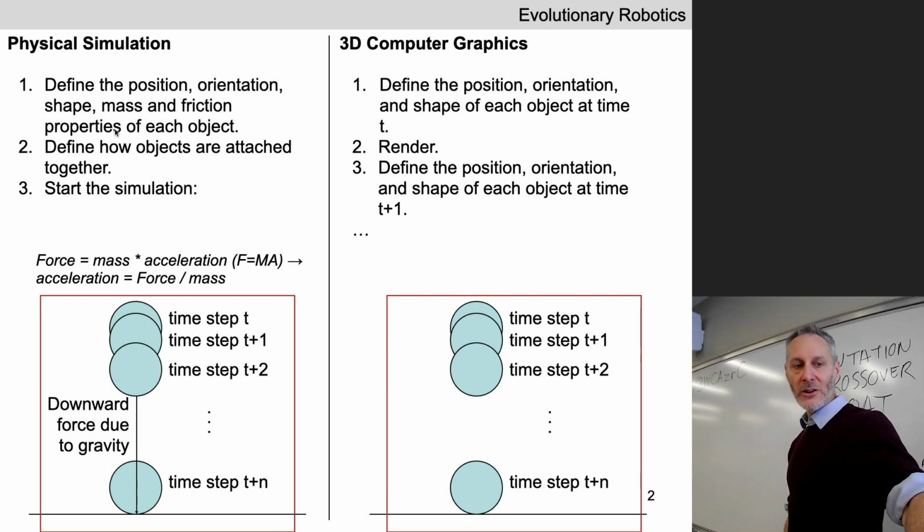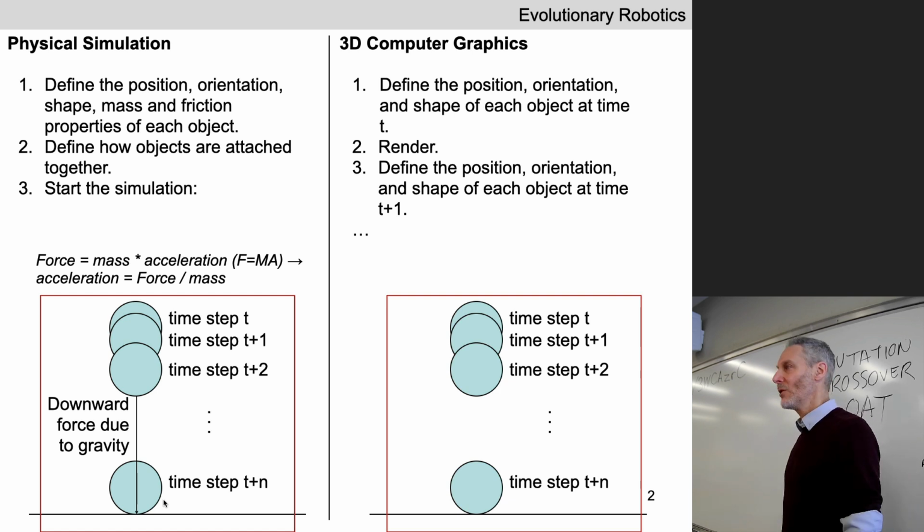Yeah? And in my little cartoon here, it accelerates down and then stops when it comes into contact with the ground. How does the physics engine know to stop the acceleration of the object at that point? The ground does something. Physics engines, all they know to do is add or remove forces to objects at each time step.